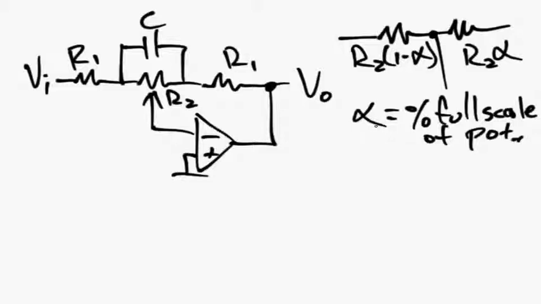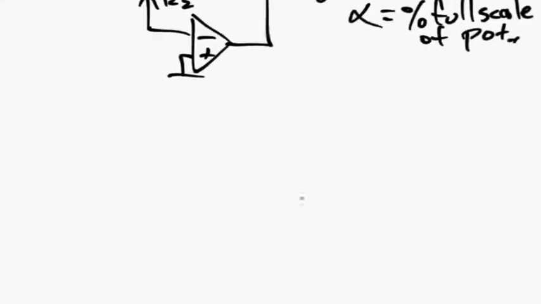So given that we have that, we can redraw this circuit in terms of only resistors that are shaped like the kind that we're used to. So that redrawn circuit looks like this.